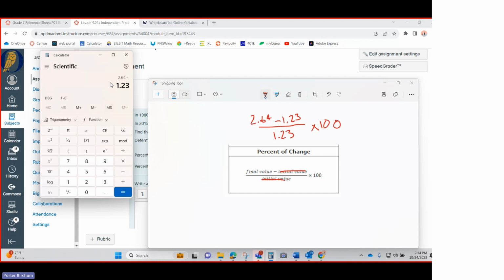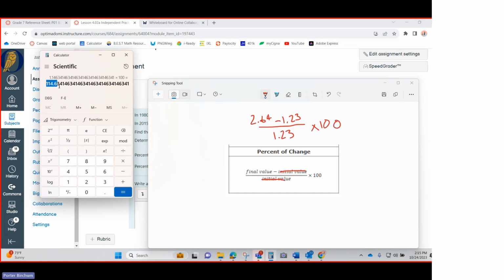Or I could have used parentheses to tell my calculator that I want to minus first. I'm going to click the equal button first, though. 2.64 minus 1.23 equals that, divided by 1.23 equals, times 100 equals this number.